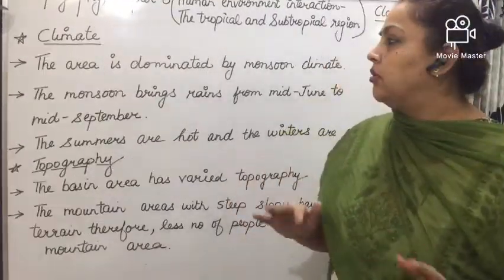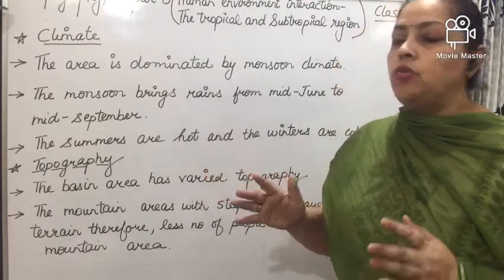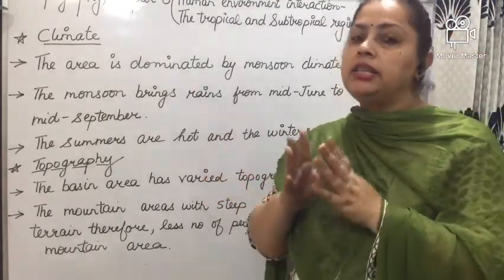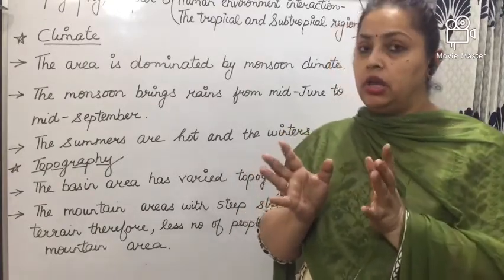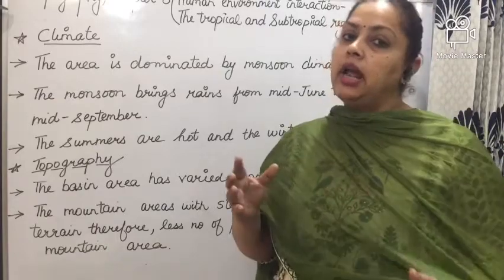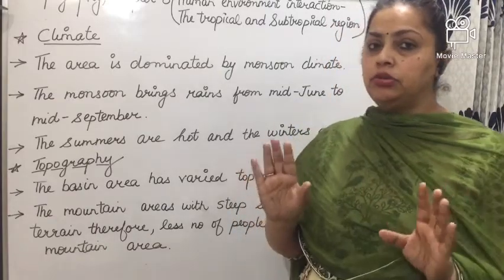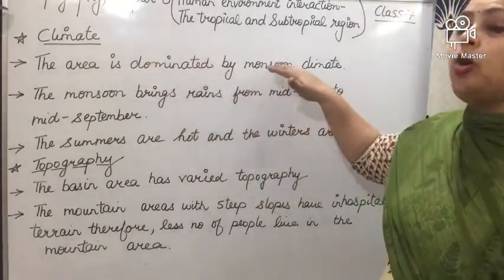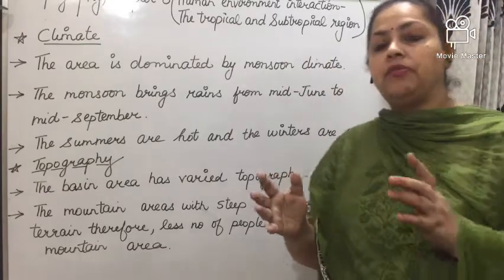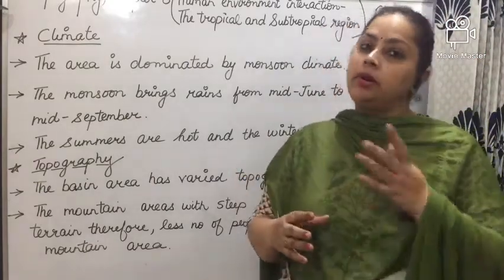Okay, now we will talk about the climate of this basin. First, we have to understand that this basin is an example of a subtropical region. It means that the climate will be a mixture. It will be a moderate monsoon. The area is dominated by monsoon climate, which means you will find a winter also, and you will find a summer also.